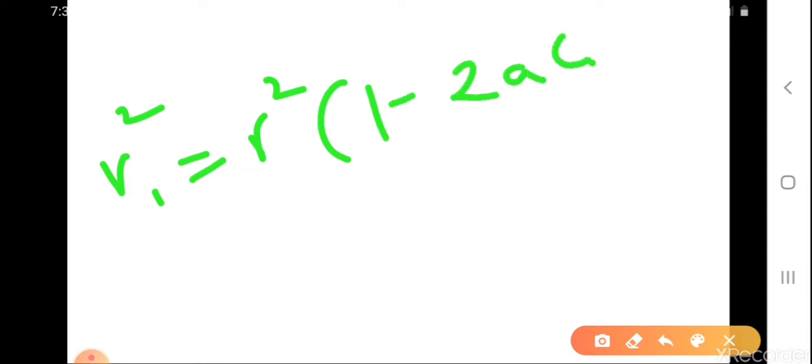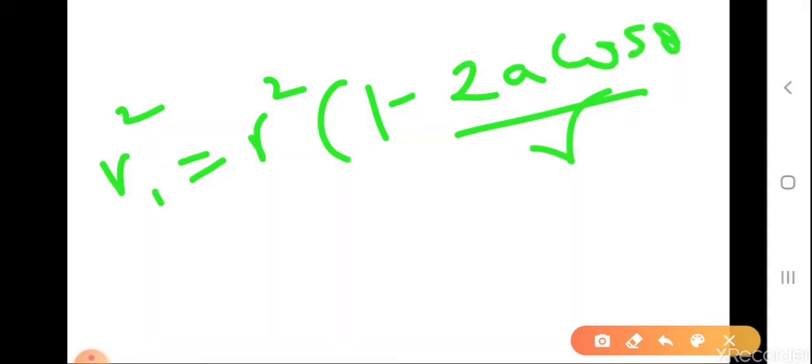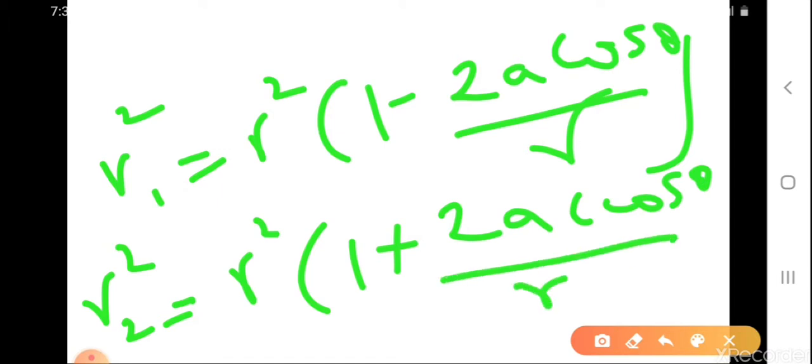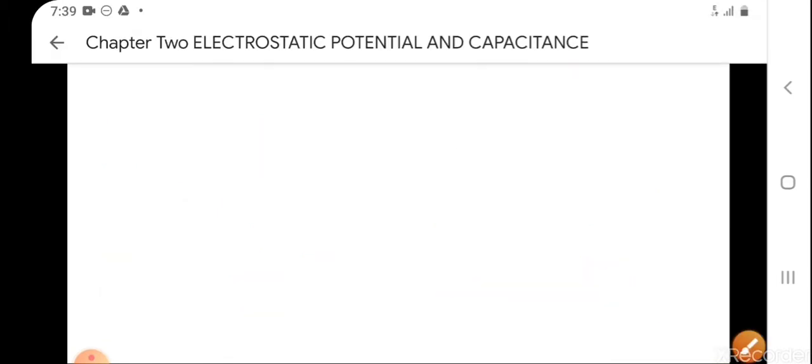r1 square is equal to r square into 1 minus 2a cos theta by r, and r2 square is equal to r square into 1 plus 2a cos theta by r. Two formulas we have. Okay, no?